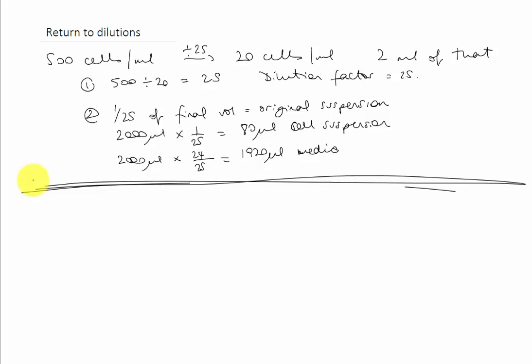Second thing I wanted to say to you is about dilution factors that aren't 1 over something. So for example, if we've got 8 microliters of cells plus 2 microliters of iodine. This is an example from when we were counting algae in the lab.